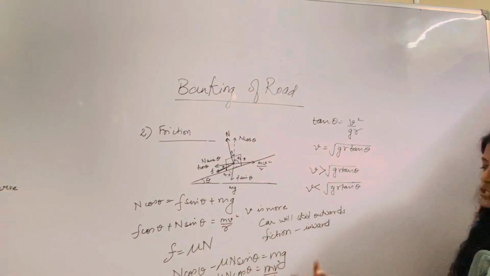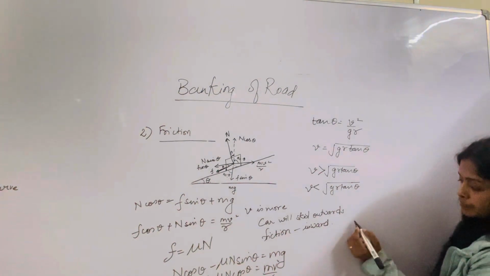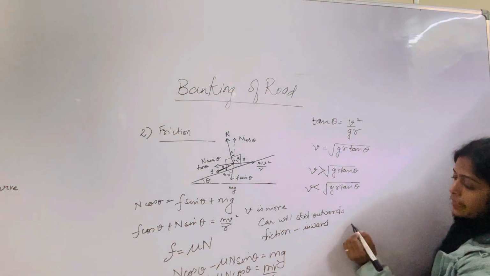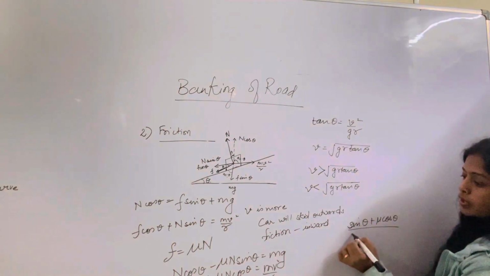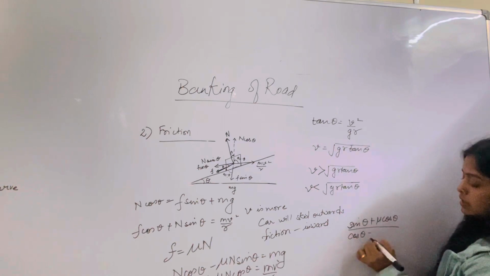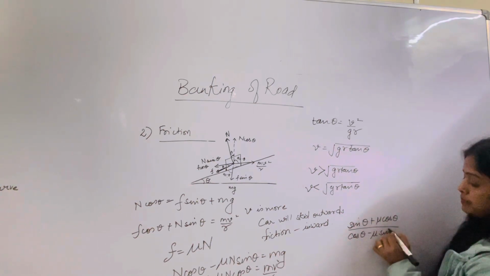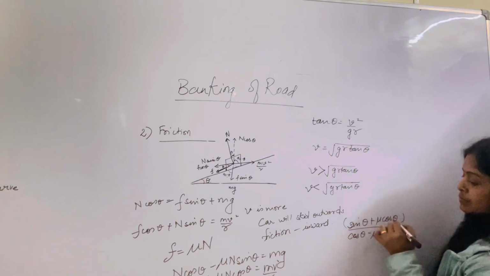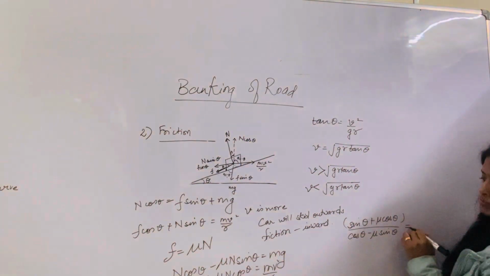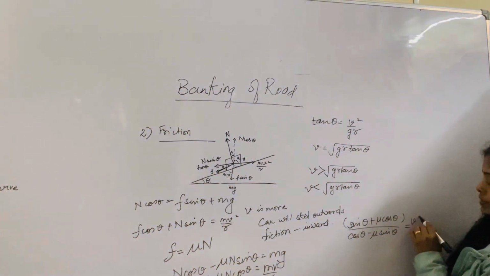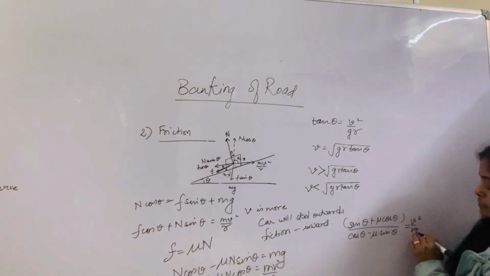By solving these two equations, what will we get? We will get sin theta plus mu cos theta upon cos theta minus mu sin theta equal to v square by rg.